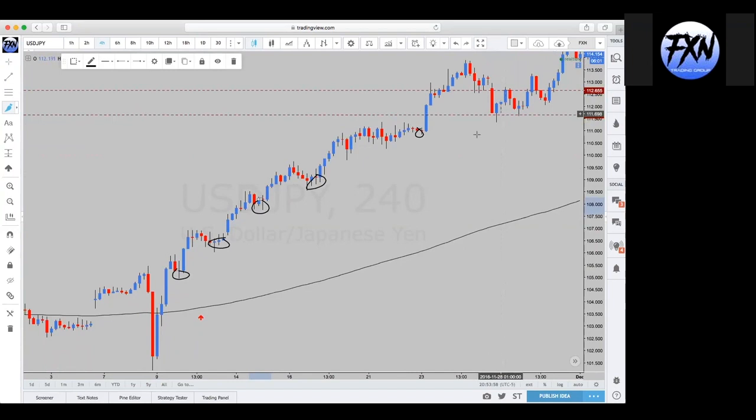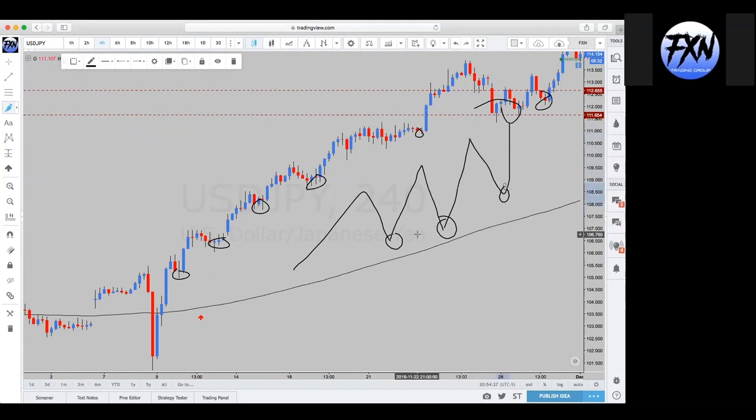As long as both of them on the 4-hour and daily say the trend is going up, then I can just keep taking buys and just buy the retracement. So price goes up, comes down, I buy here, goes up, makes a higher high, goes back down, I buy here again, keeps going up. So I just basically keep buying once the retracement is done, and you keep doing that until essentially the trend is over.